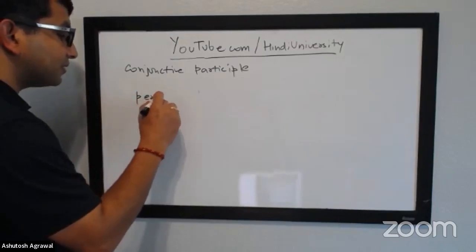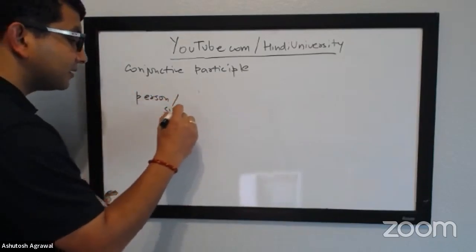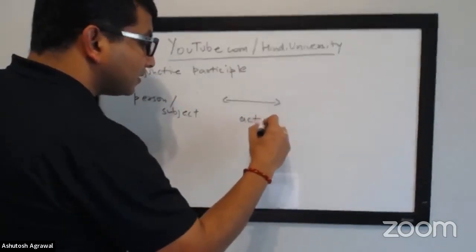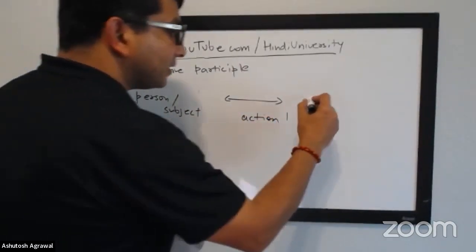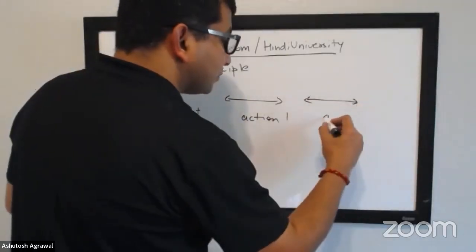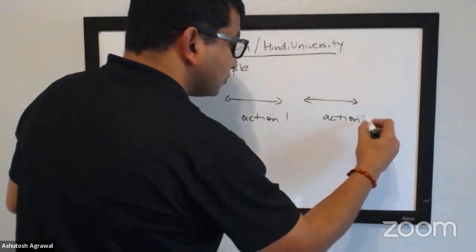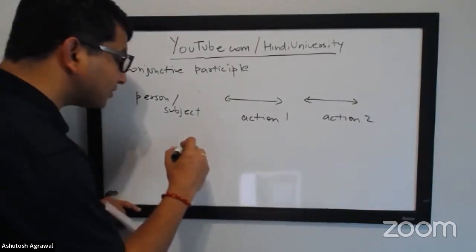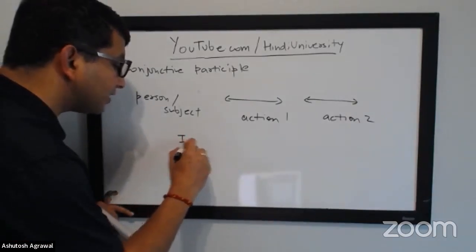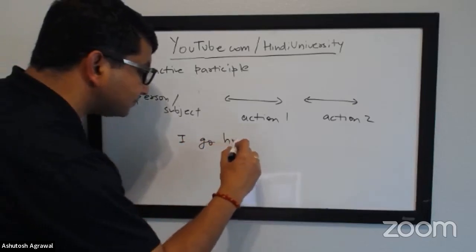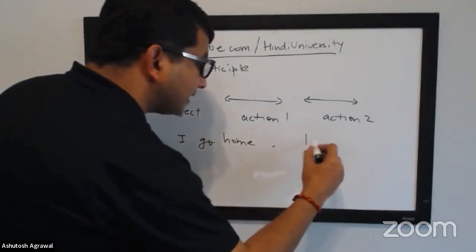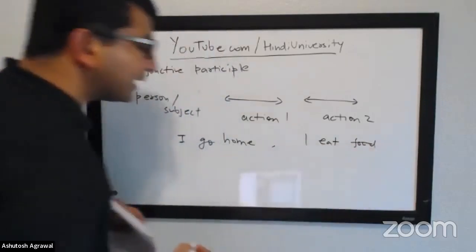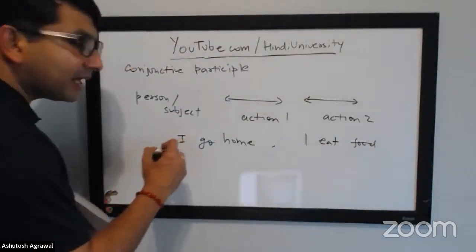So let's say you have a person or a subject, they are doing action 1 or activity 1, and after that subsequently they are doing action 2. Whenever that happens, such as I mentioned, "I go home" and then "I eat food." In both cases, you will notice that the subject is I.